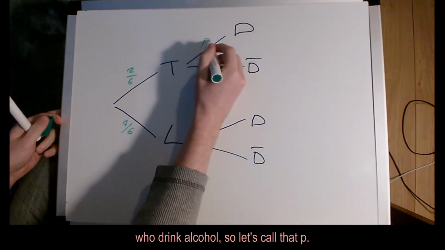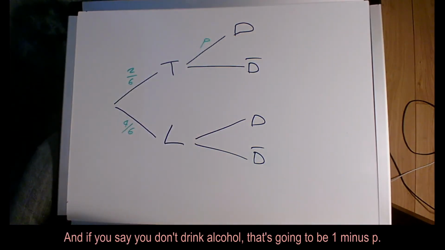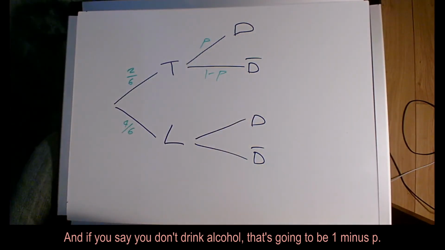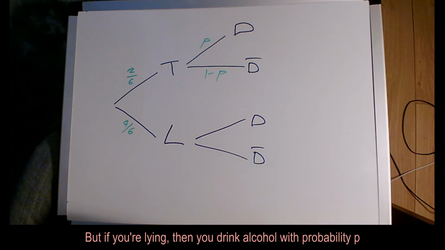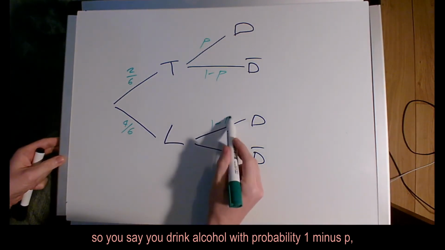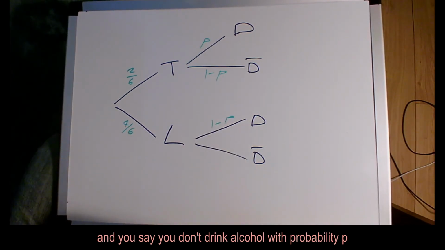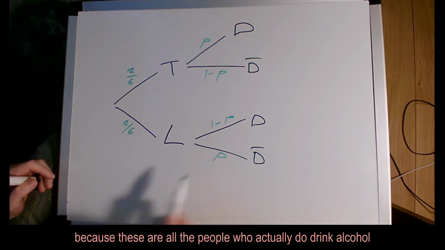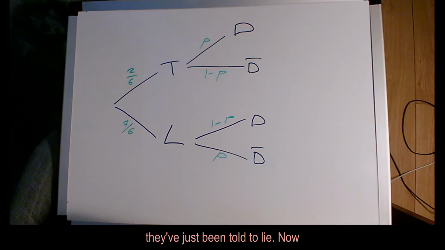So let's call that P. And if you don't drink alcohol, that's going to be 1 minus P. But if you're lying, you say you drink alcohol with probability 1 minus P, and you say you don't drink alcohol with probability P, because these are all people who actually do drink alcohol. They've just been told to lie.